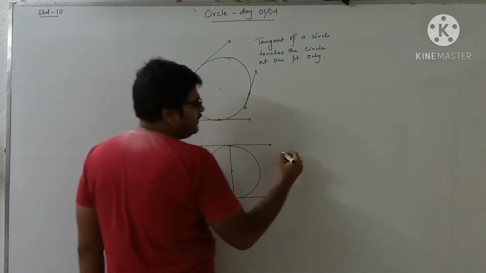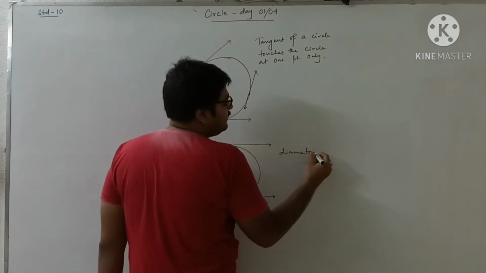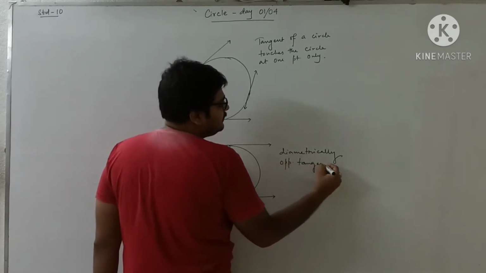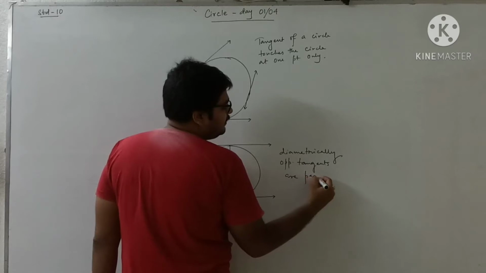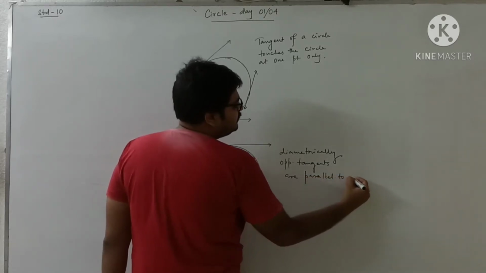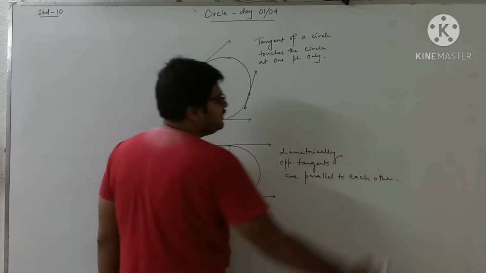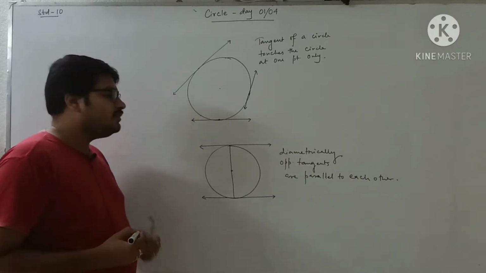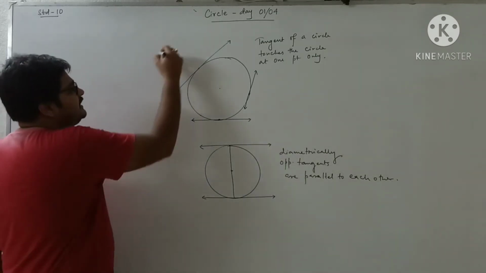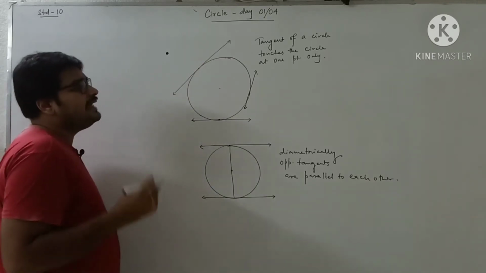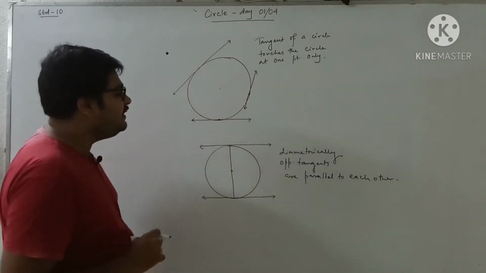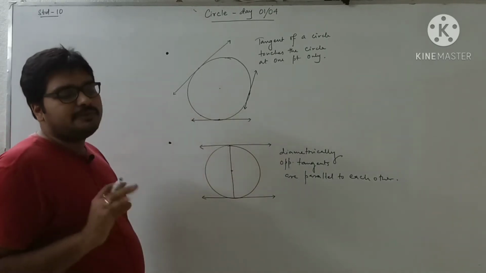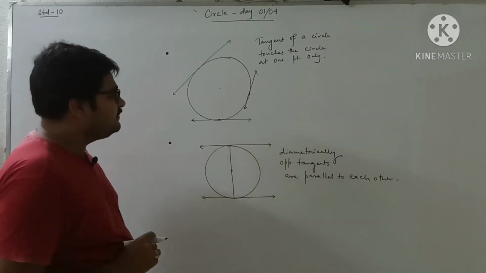So do remember, diametrically opposite tangents are parallel to each other. So this is the first thing we have learned about tangent: a tangent is a line which touches the circle at one point only. This is the second point: diametrically opposite tangents are parallel to each other.